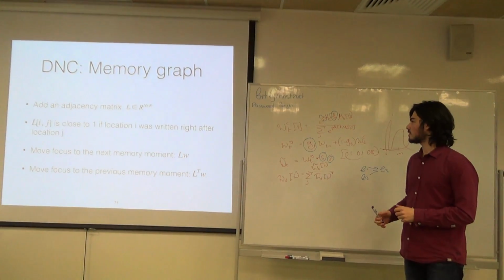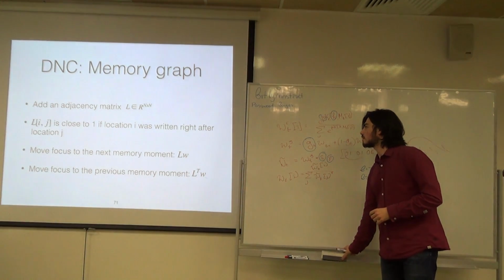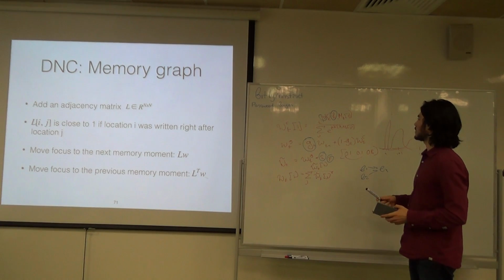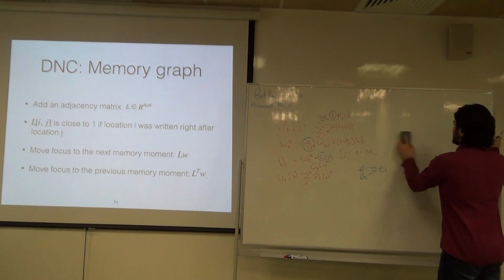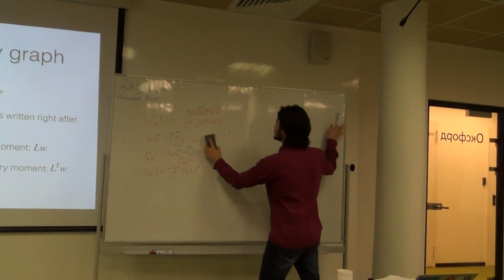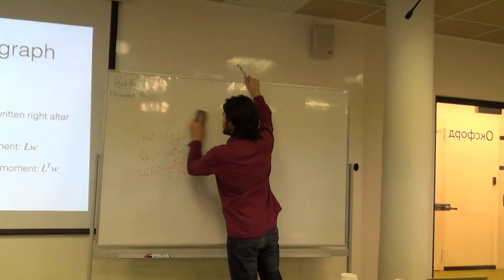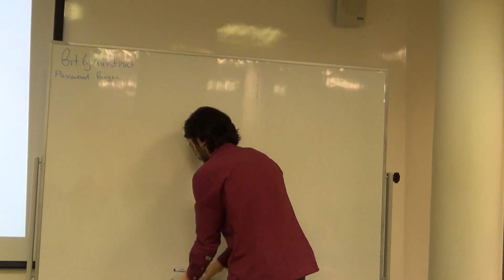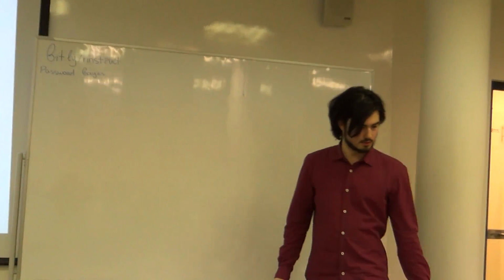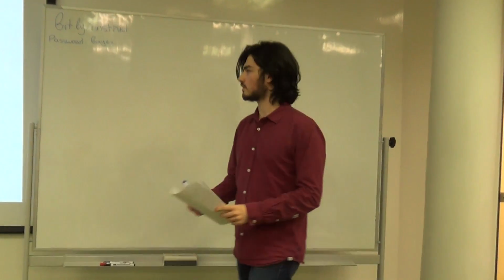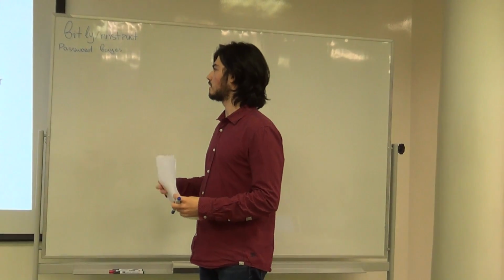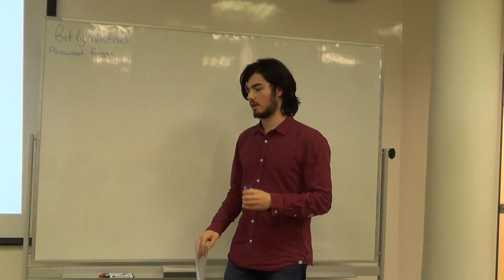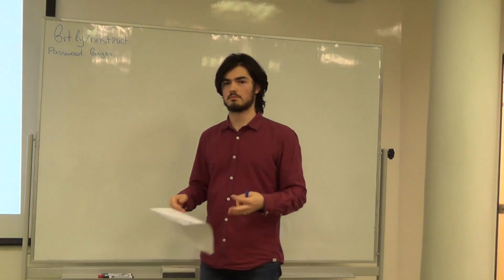So the memory is organized with the so-called adjacency matrix, and let me write the formulas for it. The adjacency matrix is of size n by n, where n is the number of memory cells we have in a memory bank.